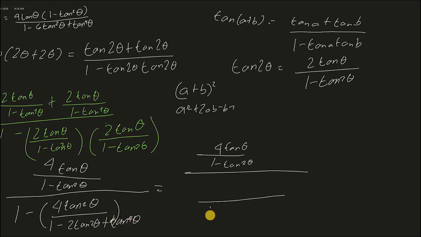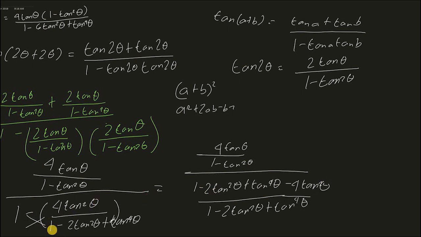This is the LCD because that's denominator times denominator. 1 minus 2 tangent squared theta plus tangent raised to 4 theta. Cross multiply, that would be equal to 1 minus 2 tangent squared theta plus tangent raised to 4 theta minus 4 tangent squared theta. This is just cross multiplying this.